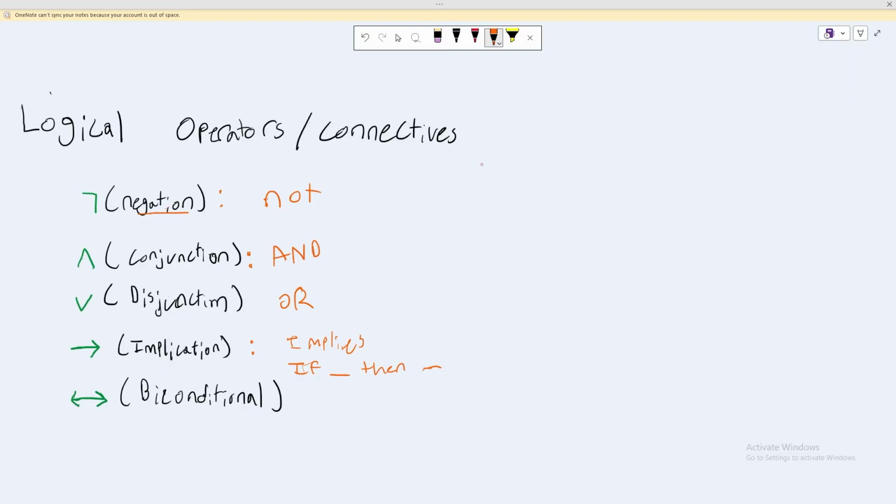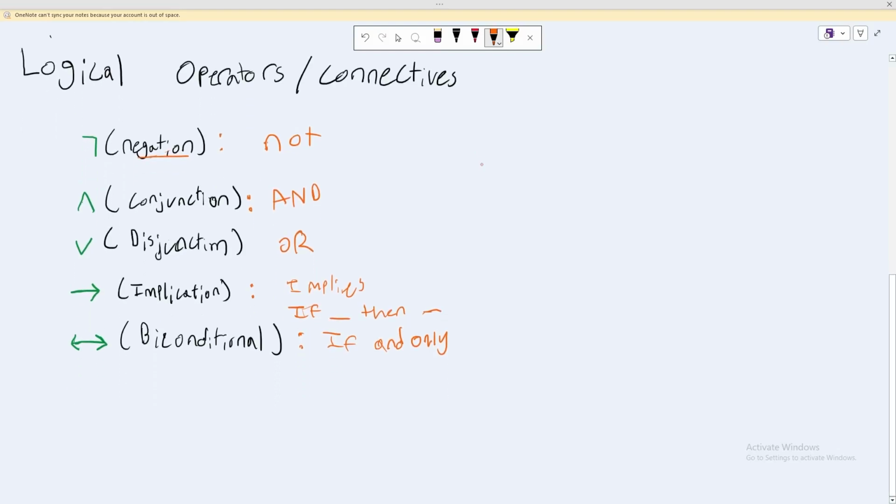And basically all of these, and let me just finish this one as well. Biconditional is similar to if then, but they say if and only if, I think. Basically, either both of them are true and the whole statement becomes true, or both of them are false and both statements conclude to false.